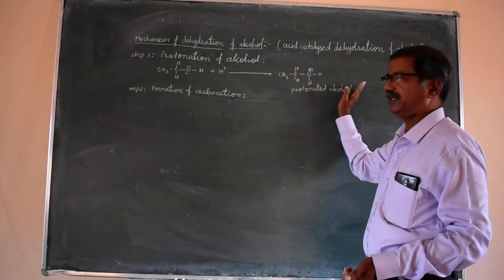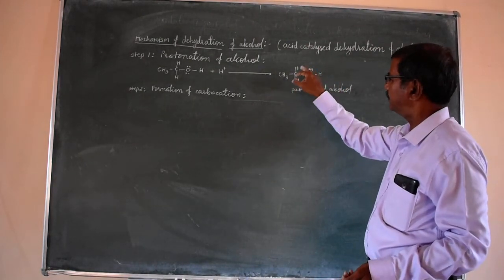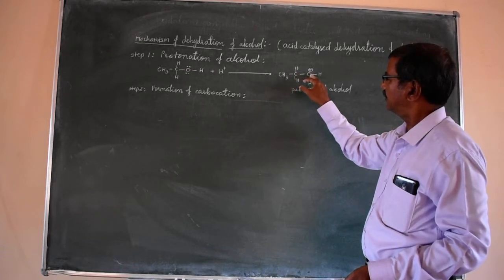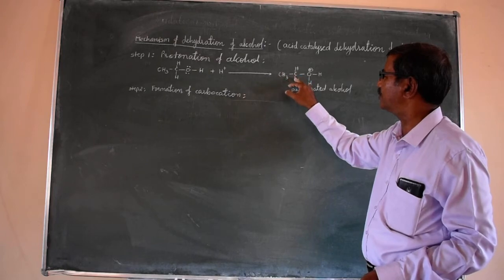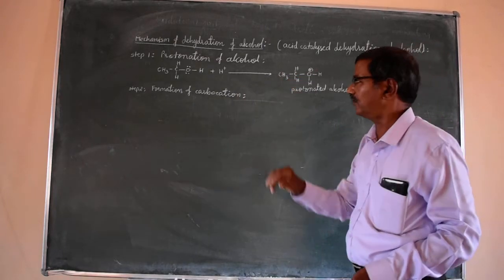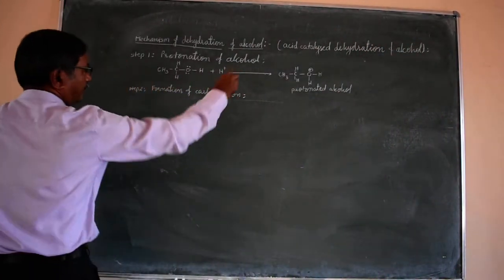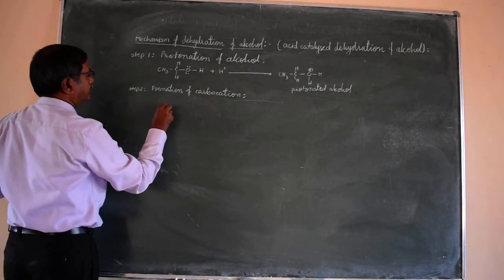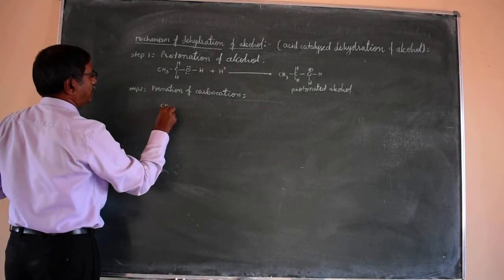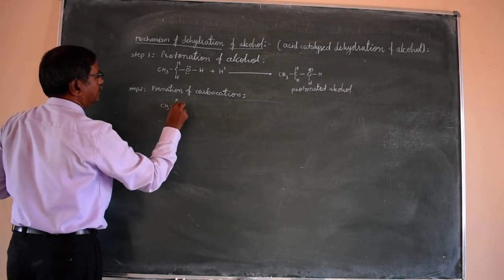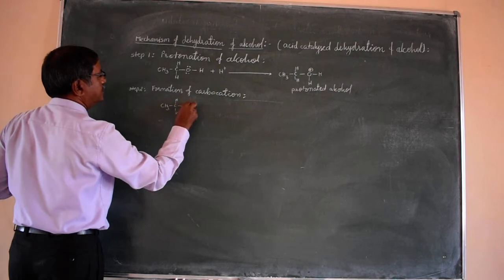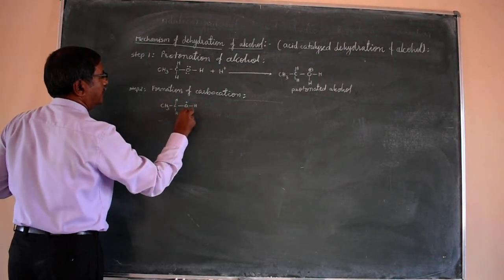H2O gets eliminated, and this positive charge is transferred to this carbon atom. So we have CH3, CH2 plus, the carbocation is formed. Well, we have to write the protonated alcohol formula CH3, CH2, then O plus H and H.